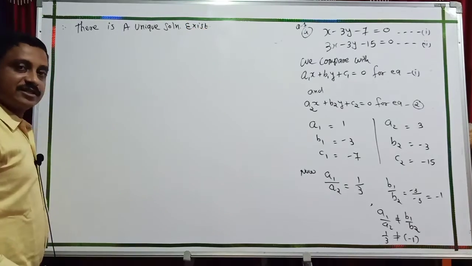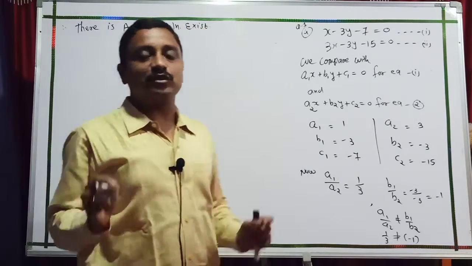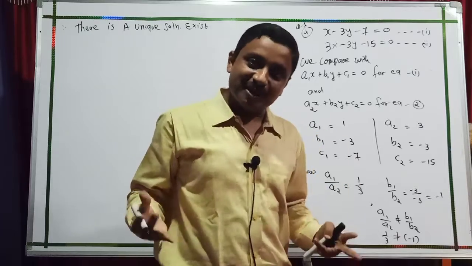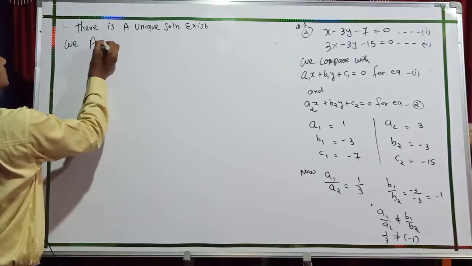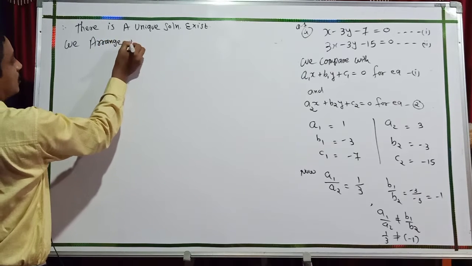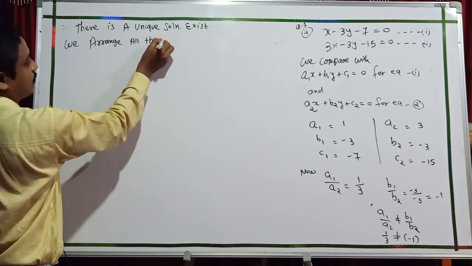And if it exists, then I start our cross multiplication method. First of all, we arrange all the coefficients.